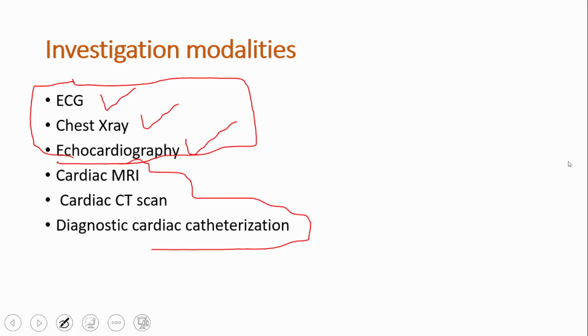From there, when you diagnose a congenital heart disease, and if you have to go to diagnostic or therapeutic intervention, and to confirm the structural defects, then we go for these advanced investigations: cardiac MRI, cardiac CT scan, and diagnostic cardiac catheterization. For upcoming topics, we will be focusing mostly on ECG, chest X-ray, and echocardiography.